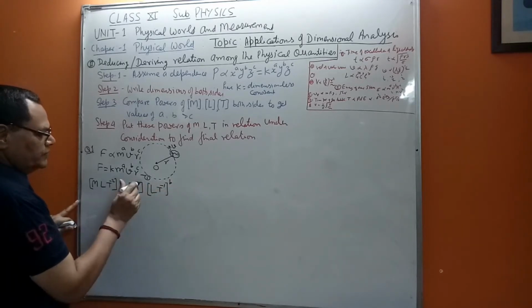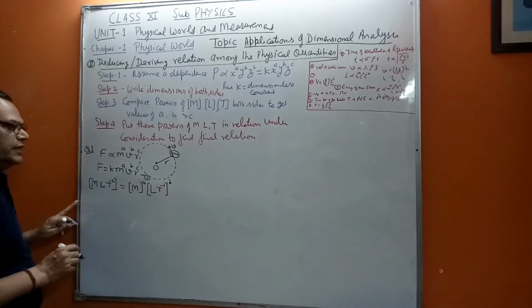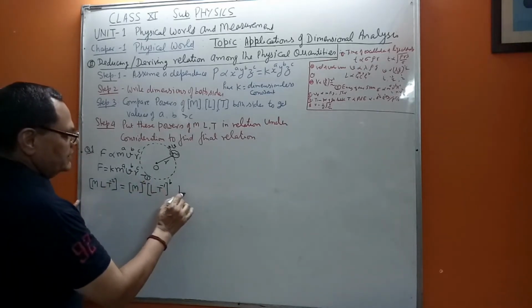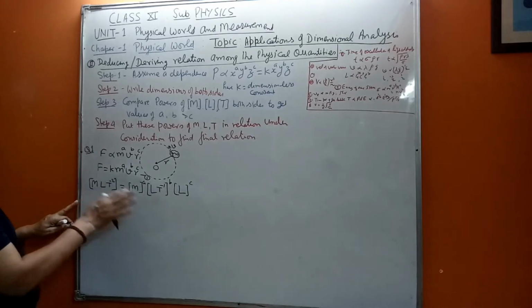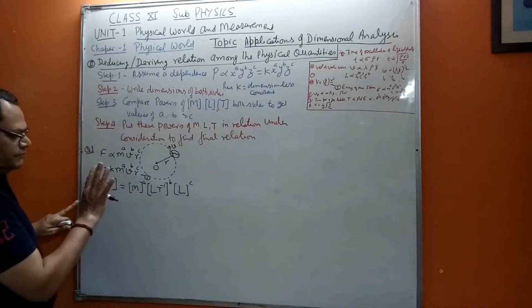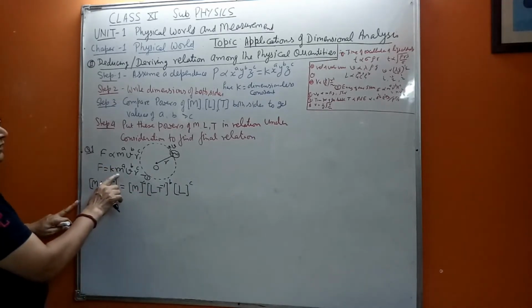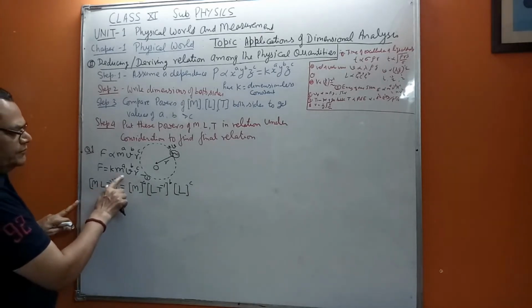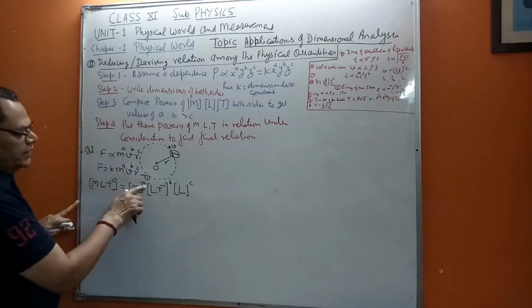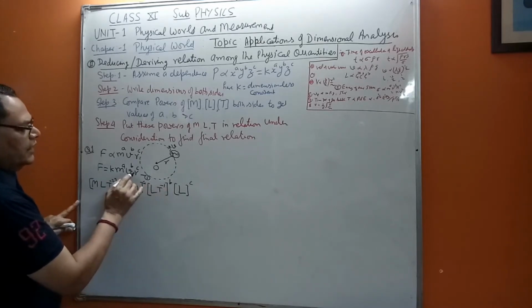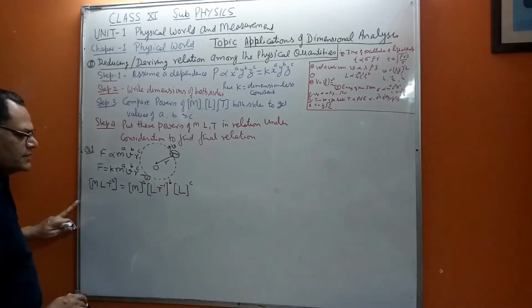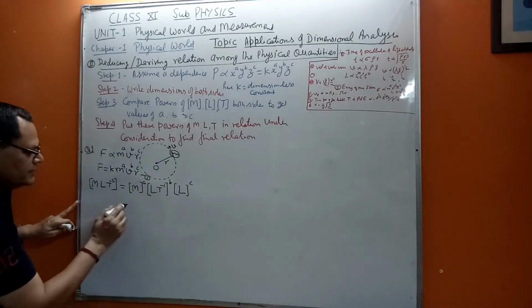The power should be put outside the square bracket. And the radius is nothing but length, so that is L raised to power c. Clear? Be very focused while writing this. So it is M raised to unknown power a, velocity LT minus 1 raised to power b, and R is length, raised to power c. So you can simplify this.